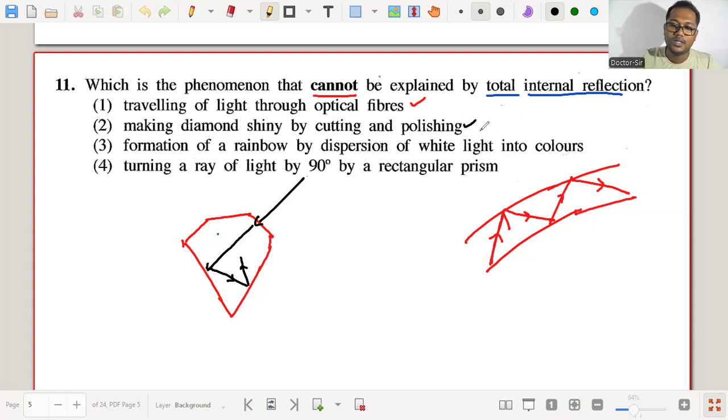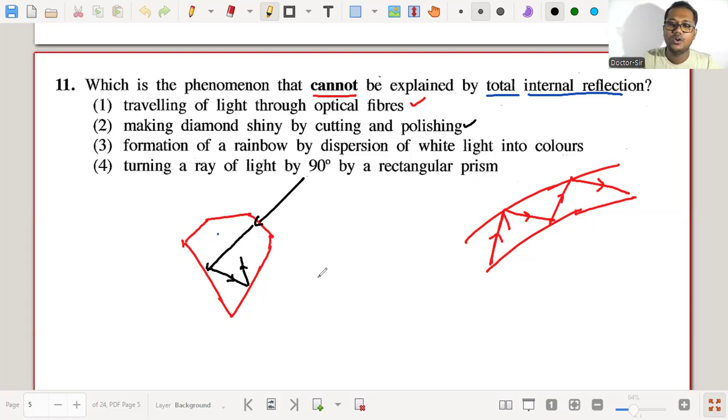Then we go for the fourth one: turning a ray of light by 90 degrees using a rectangle.